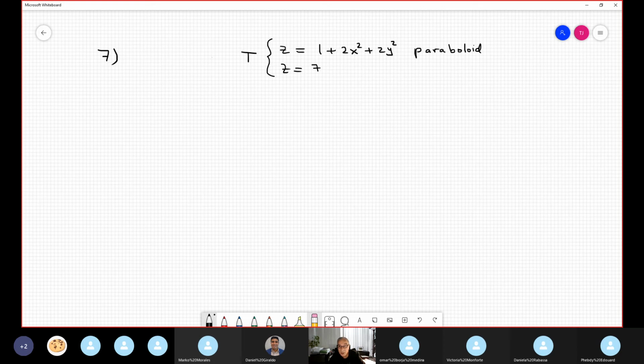Because x and y are squared, no variable is missing, because we have z, but however for z the exponent is 1, so paraboloid. And this paraboloid opens up, and this paraboloid has the z-intercept at 1. So when x is equal to 0 and y is equal to 0, the paraboloid z is equal to 1. So we have the z-intercept at 1.